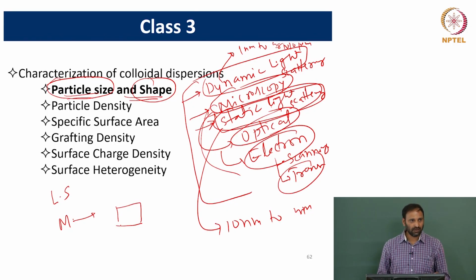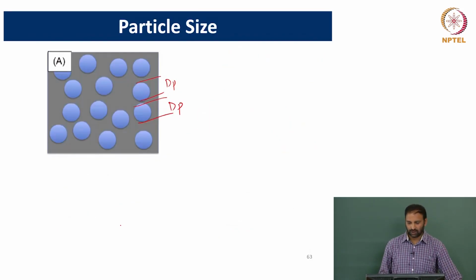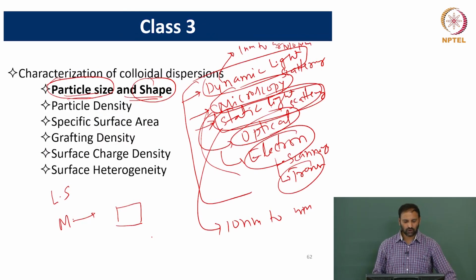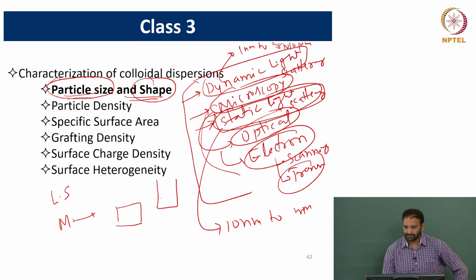You look at this image from microscopy, and all you have is maybe 20-30 particles. Of course, I can play with the magnification and get a large number of particles in this window. However, when you do analysis, people typically limit the number of particles that they analyze to maybe 50, 100, 200, something like that.